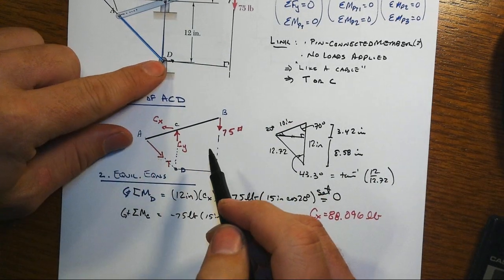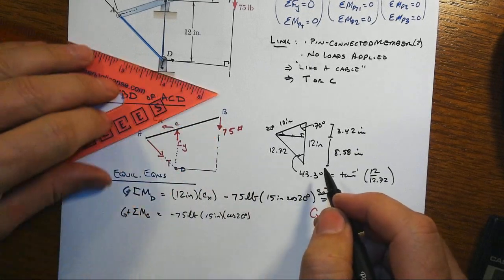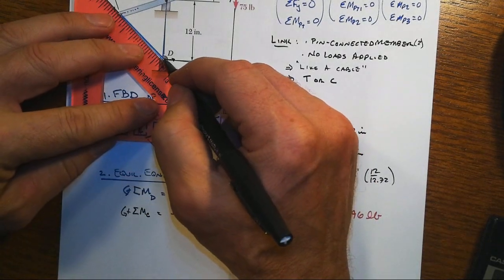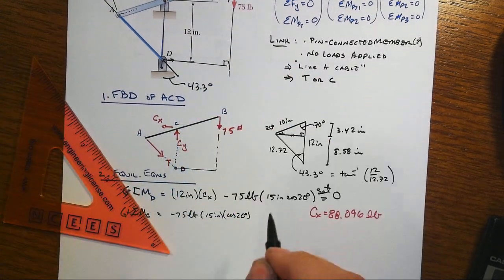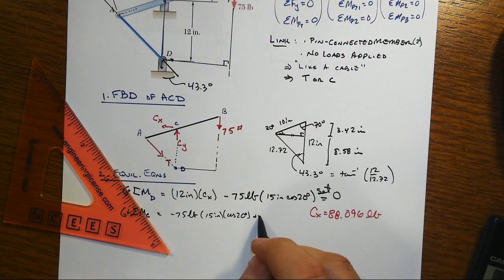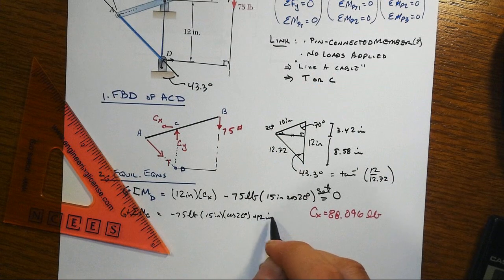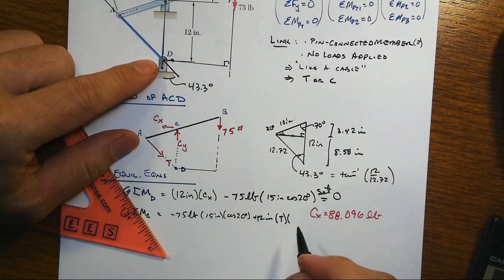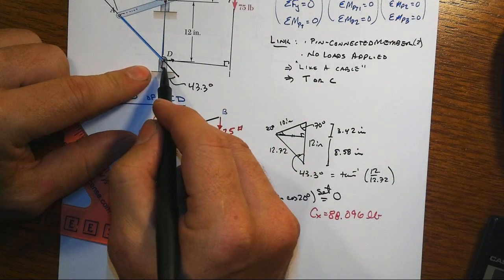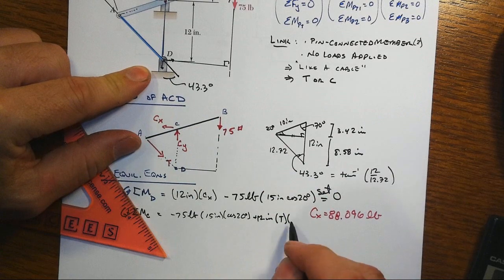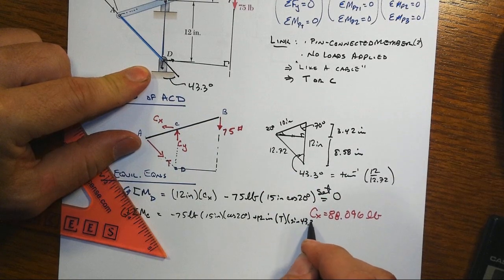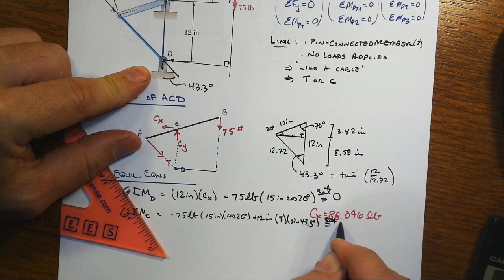So I want the horizontal component of T. There's your 43.3 degrees. So we're going to have a moment arm of 12 inches, and then T times, again, vertical component, I want the horizontal, so 43 is here, that would be opposite. So sine of 43.3 degrees, set it equal to 0.